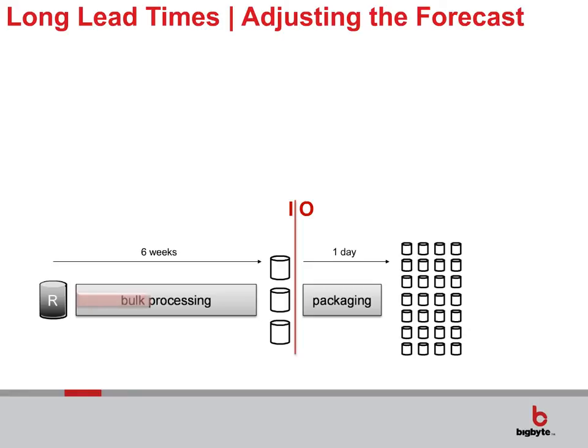And that planned demand on the bulk material, those forecasts on the bulk materials, would drive the bulk processing, the process or production orders to transform the raw materials into bulk material and keep it in inventory right in front of the packaging line.